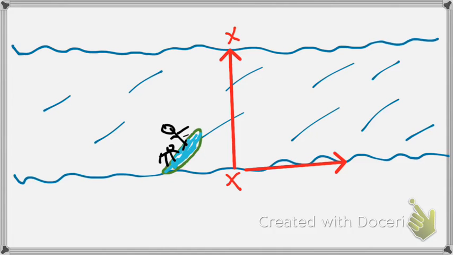I think all of you understand that if I try to go straight across, this arrow that's facing upward, I'm not going to end up where the X is, but someplace down here, not quite where I wanted to go because of the current. This is the basic idea of how you add these vectors up on the molecules.